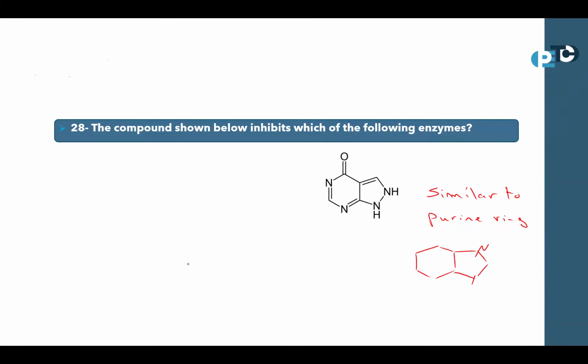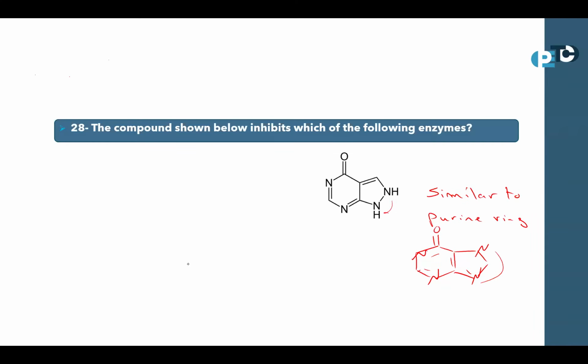The purine ring has the same number of nitrogens, the same number of rings, but here there is a separation between the 2 nitrogens. This is the purine and this is the other one. The similarity is very close. Okay, theophylline is a methyl xanthine containing methyl groups, but there is no methyl group here.